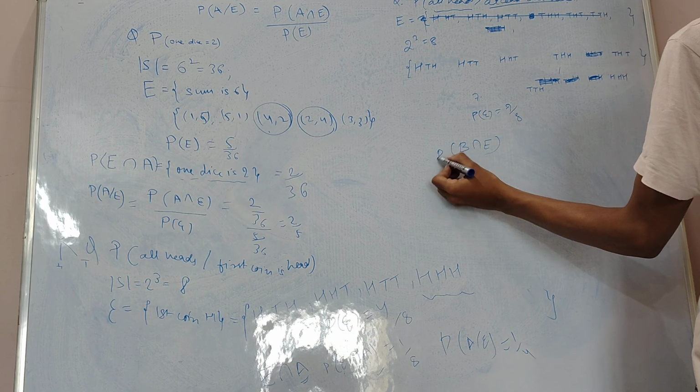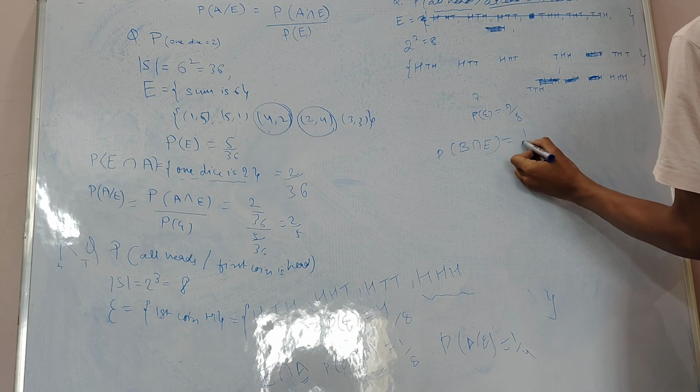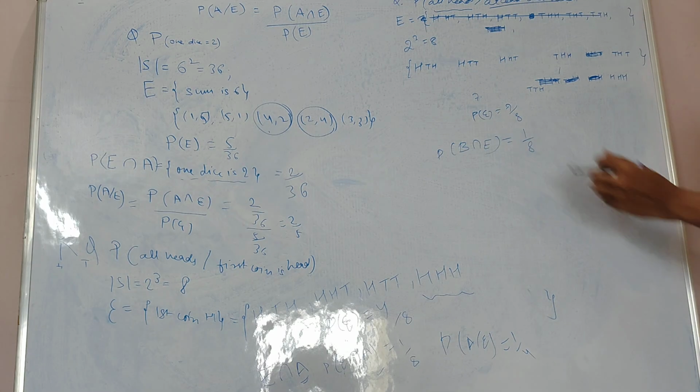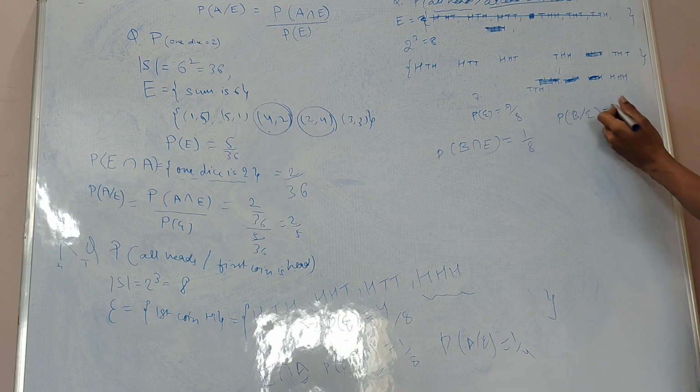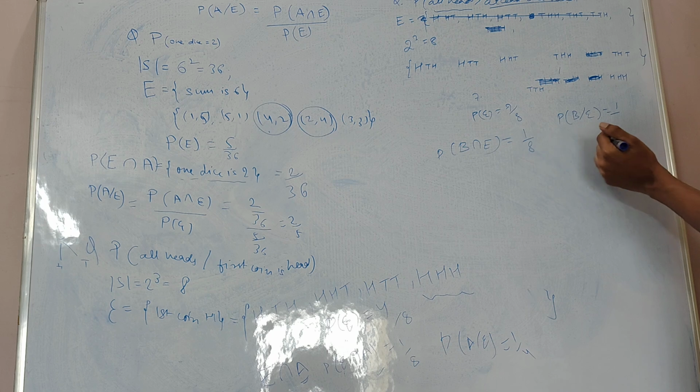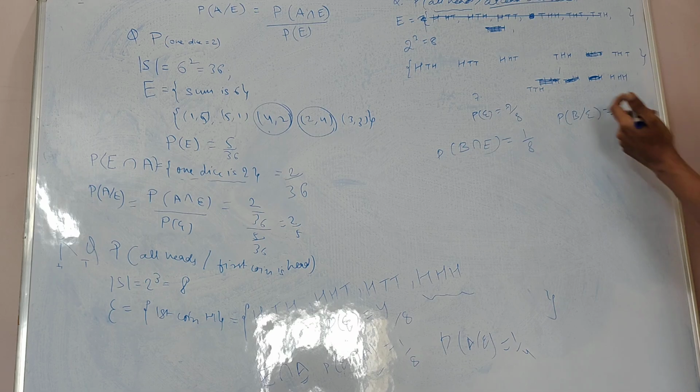So this will be 1 by 8. Now probability of B given E will be 1 by 7 by 8 and 1 by 8. So probability of B given E will be 1 by 7, right?